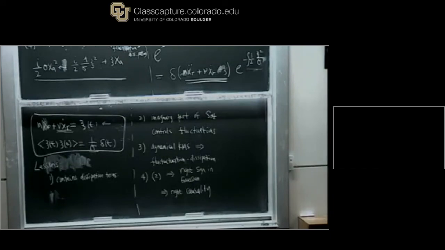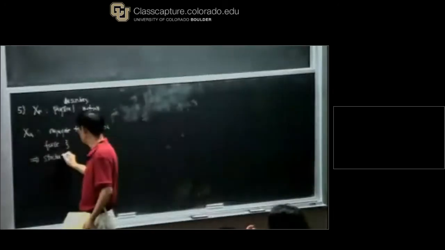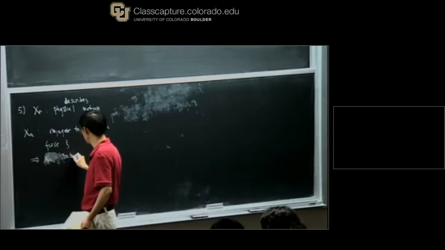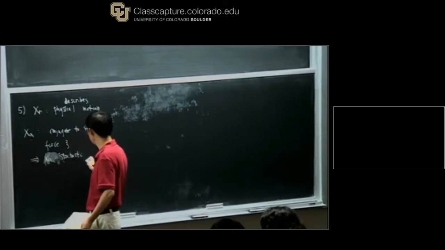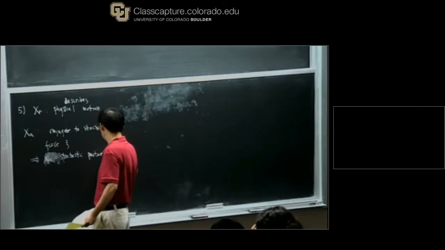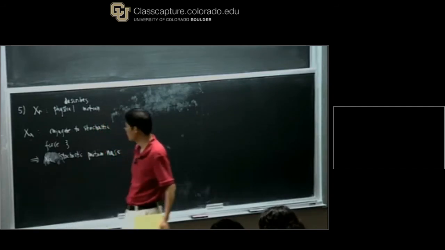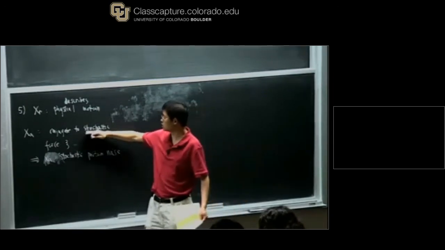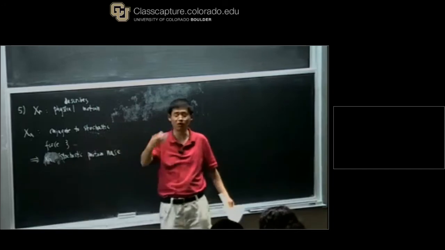This tells you XA corresponds to some kind of stochastic position noise, because what is conjugate to a stochastic force must be a stochastic coordinate.